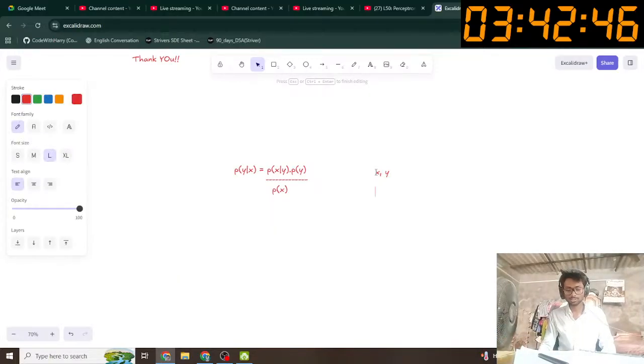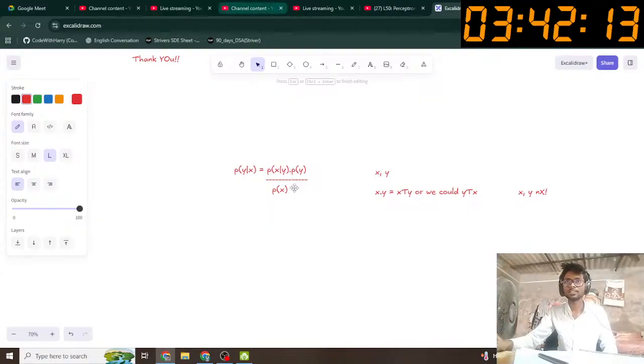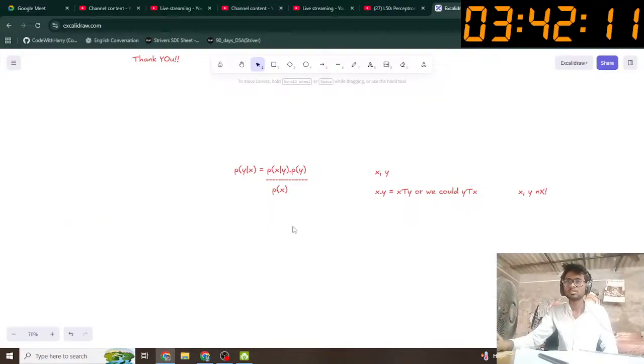The dot product x dot y is written as x transpose y, or we could also write it as y transpose x, where x and y have dimension n cross 1. I think you know this fact.